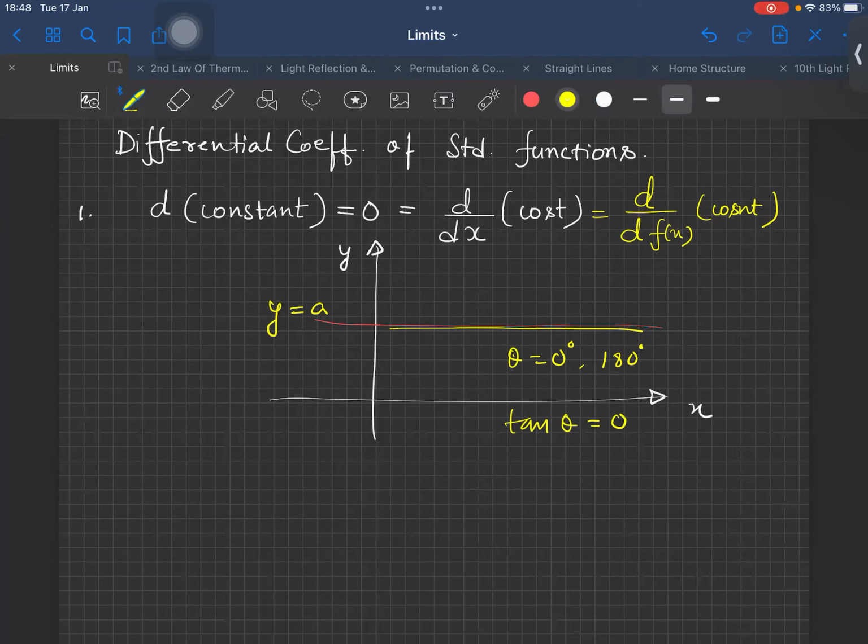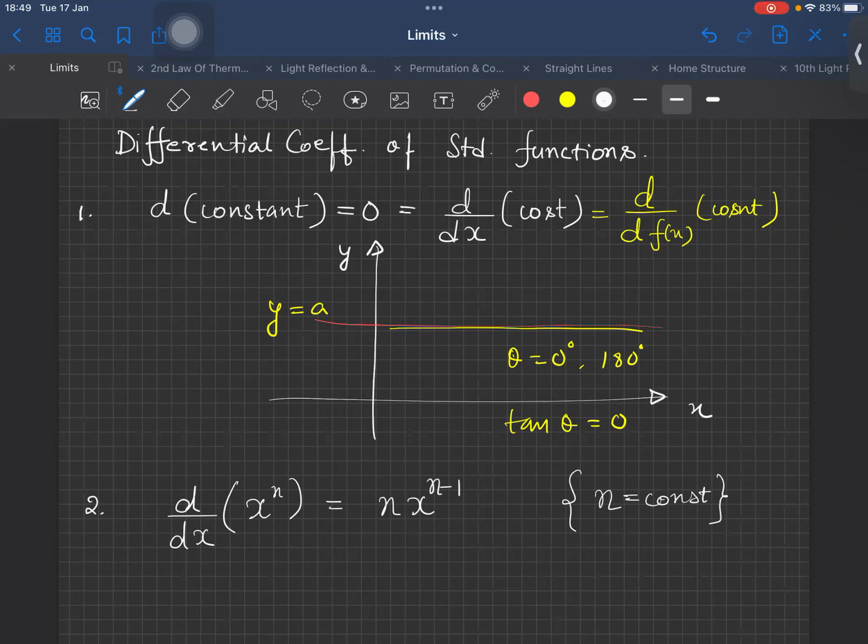All functions you can understand geometrically. It's very easy. Okay, so second one, derivative. In shortcut I'll write d upon dx of x to the power of n. What we have learned: n x to the power of n minus 1, where n is some constant value, or it can be functions as well.